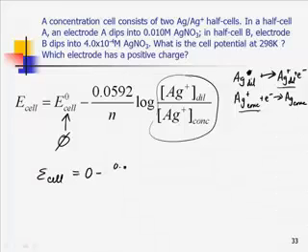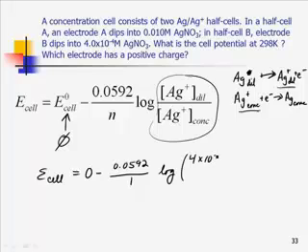For this reaction, my N is going to be 1 for the silver, and log of, and here it says our dilute is 4 times 10 to the minus 4th, and our concentrated is 0.01.